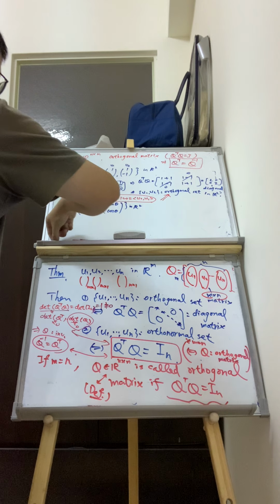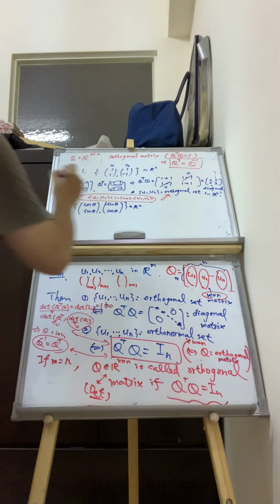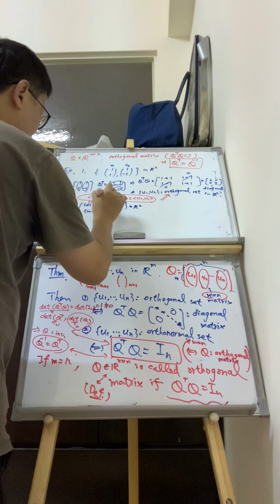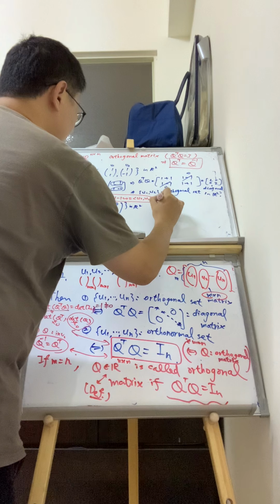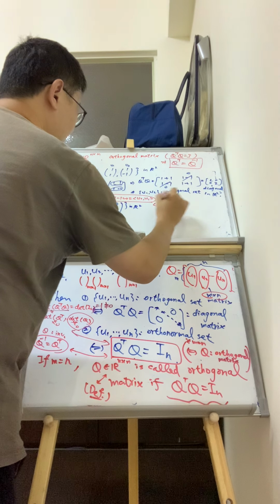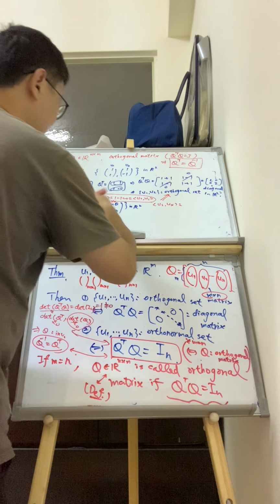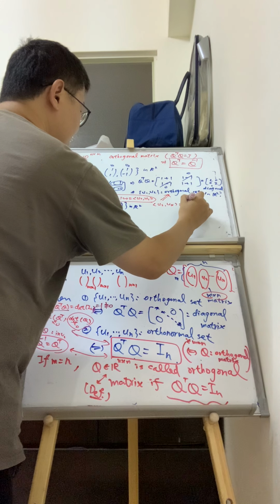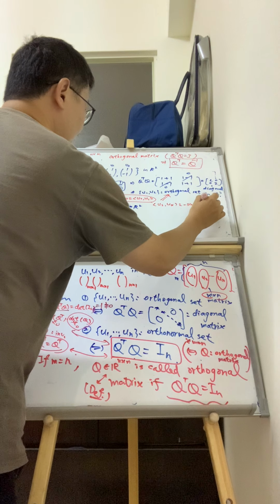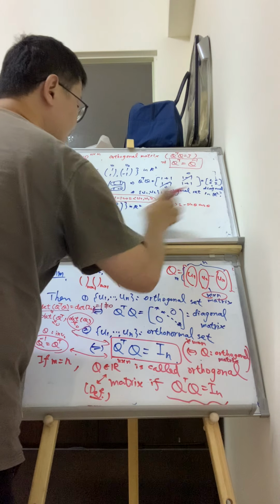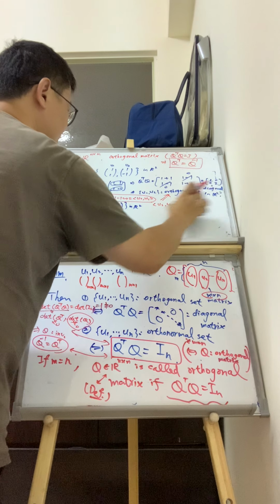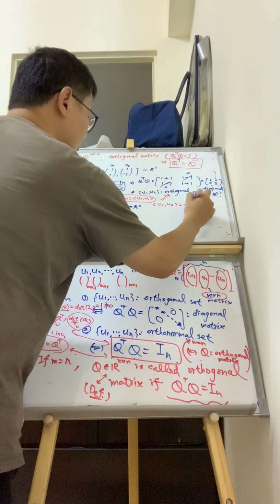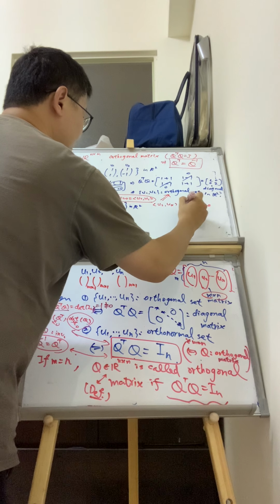And this one is the same. We just denote it by U3, U4. Then the inner product of U3, U4 equals cosine theta times negative sine theta, so negative sine cosine, plus sine times cosine. This is the same, negative cosine sine plus sine cosine.